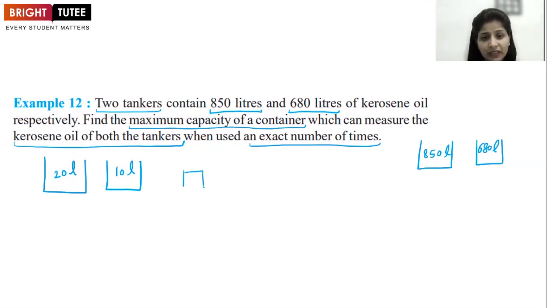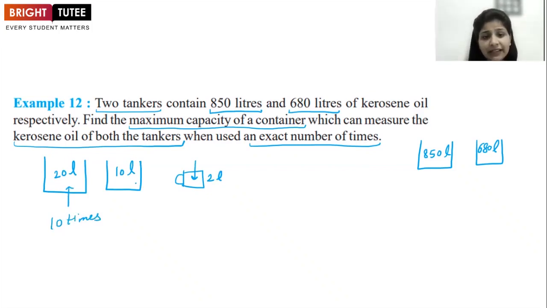So I will take another container using which I am measuring the kerosene oil of both the tankers. I will fill this container again and again, but it should be used an equal number of times. So suppose it is of 2 liters. How many times will I have to fill it from this? 10 times. And exact number of times I'm saying.